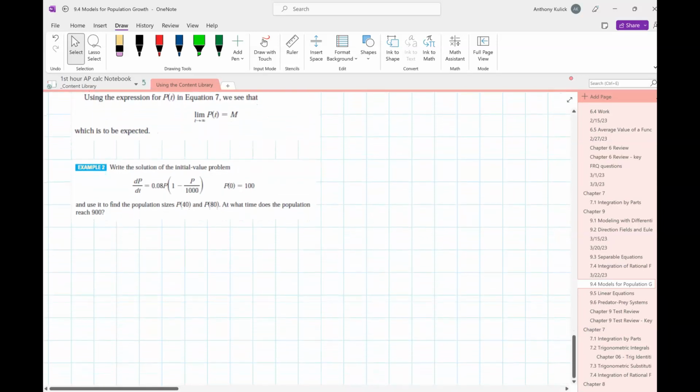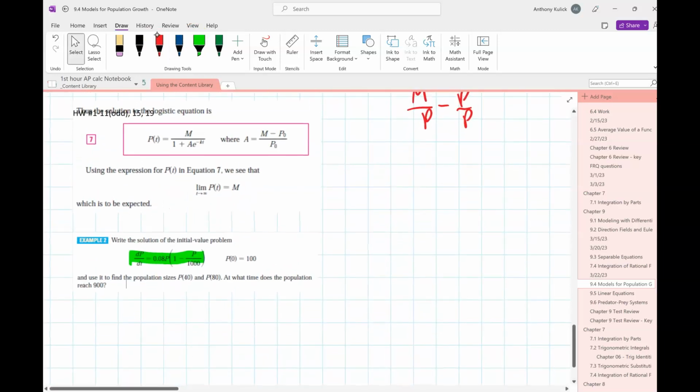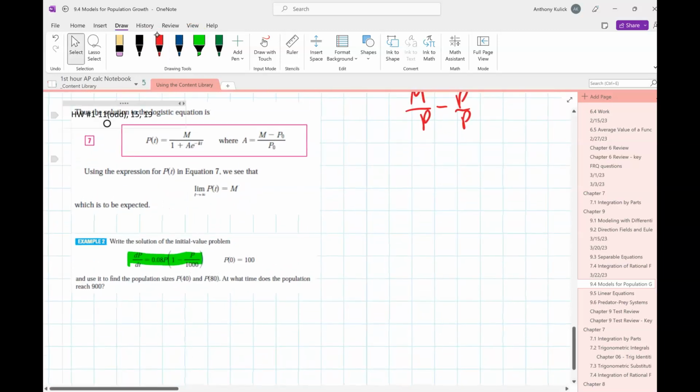So let's look at an example then. If I look at this, I notice, hey, that is the form for the logistic equation. Oops, I got my stuff all out of order here. Put that over here.